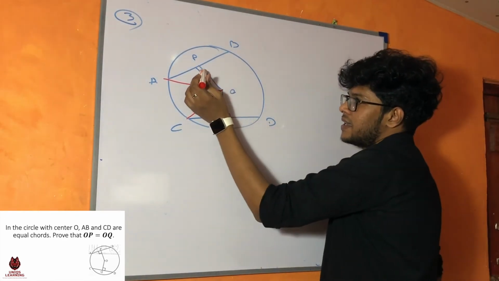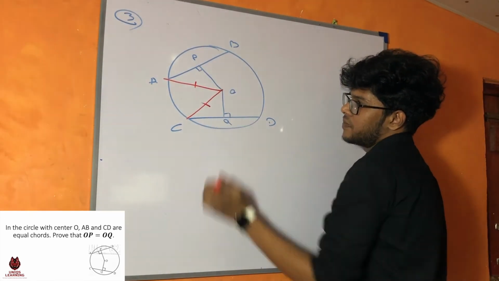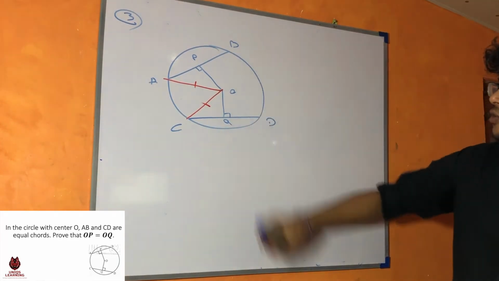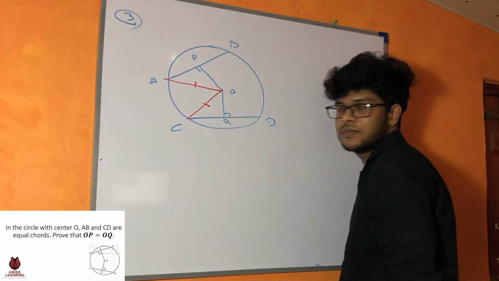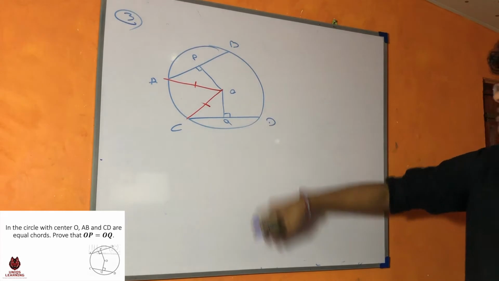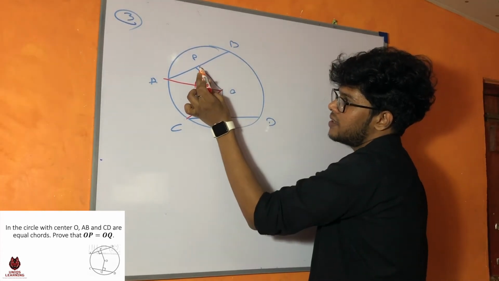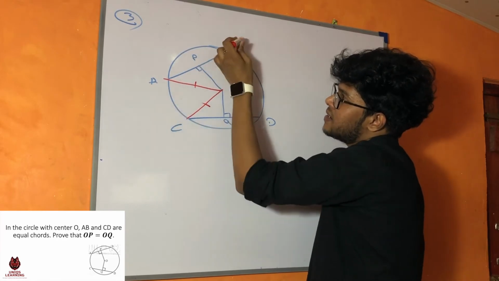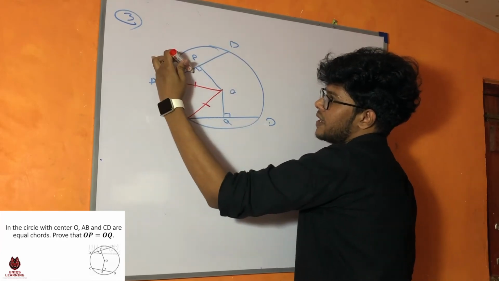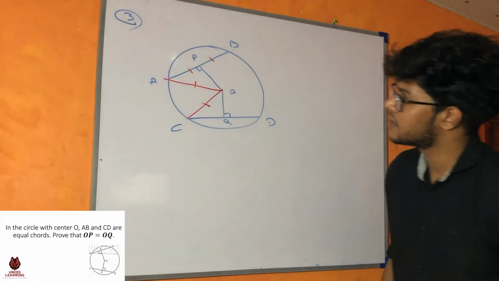Then this angle is 90 degrees. What else can you say? The theorem you just learnt: the perpendicular from the center to the chord will bisect the chord. So this length is equal to this length.